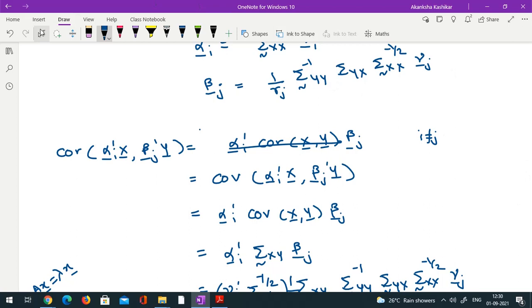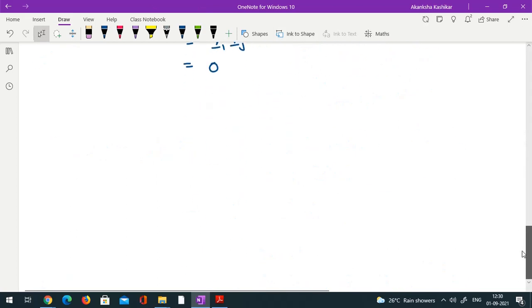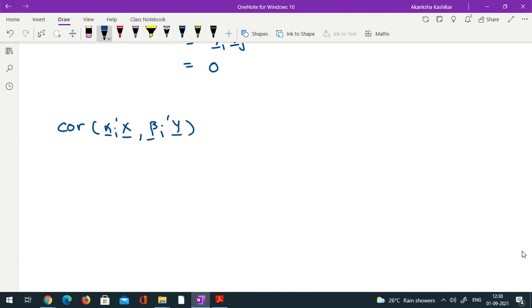Okay, this is one property of canonical variates. The other properties are pretty straightforward. So correlation between alpha I prime x and beta I prime y would simply be alpha I prime sigma xy beta I, which we know by formulae will be simply gamma I. Okay, because that is how we derived it.